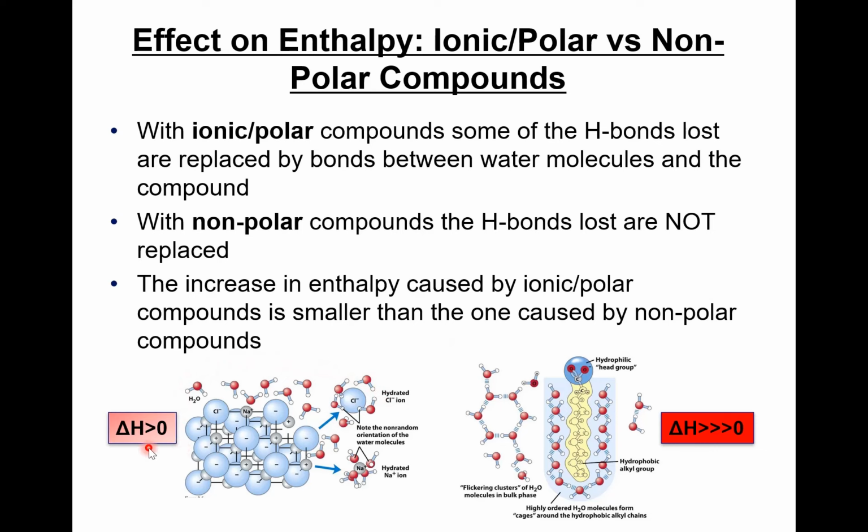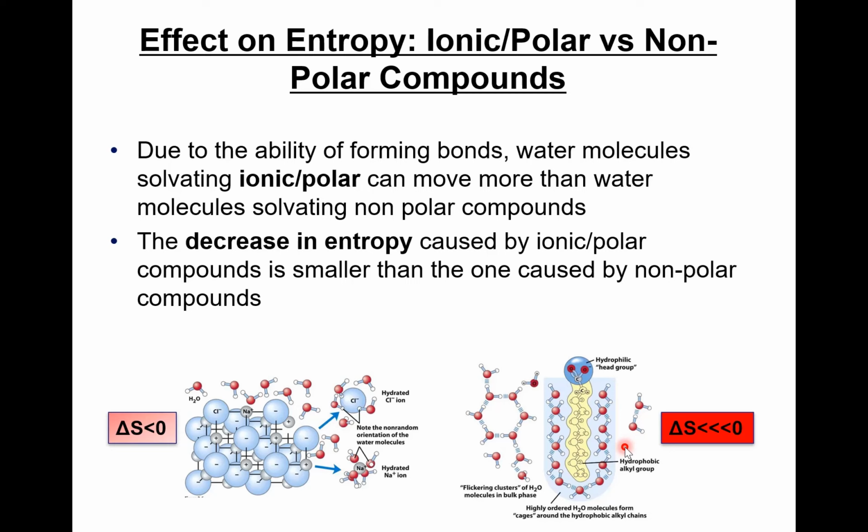Now, what happens to entropy in the same scenario when we compare polar to non-polar compounds? What happens there is that, for the same reason linked to the ability of forming these bonds, these water molecules are surrounding, in this case, the ion, but in another case, the polar compound. So they can turn around and form some hydrogen bonds. Sometimes they cannot turn around, right? If they are in the non-polar component of the amino acid, they will be more constrained, because as soon as they turn around, they can form bonds. They will spend more time turned towards the side where there are other water molecules that they can form hydrogen bonds with.